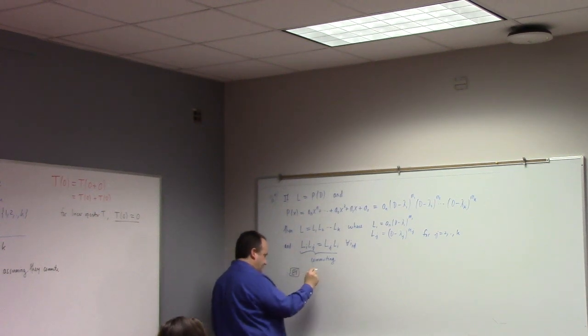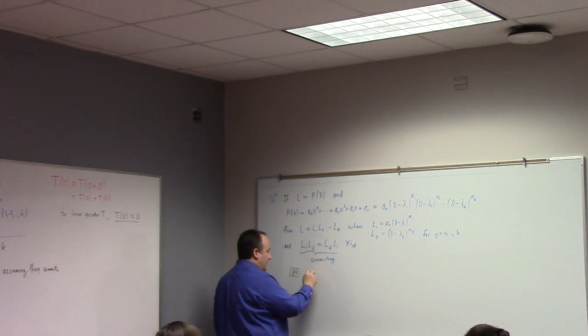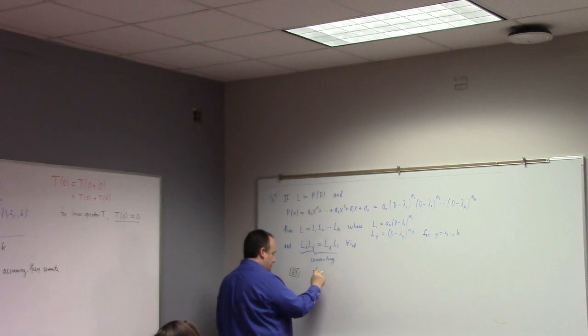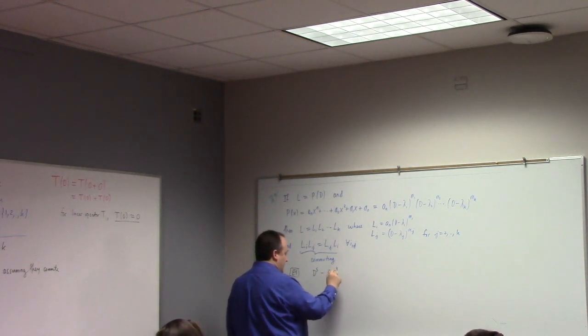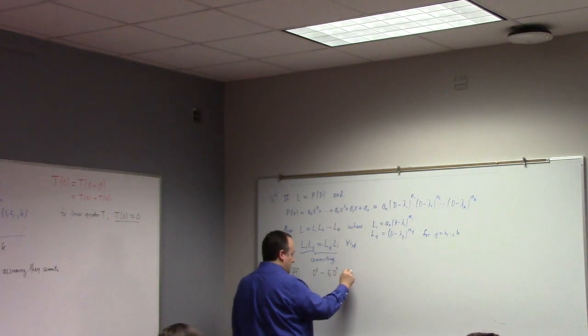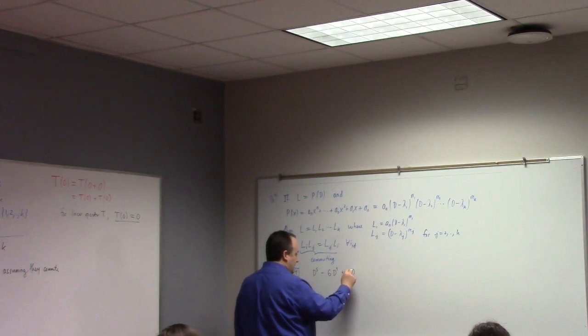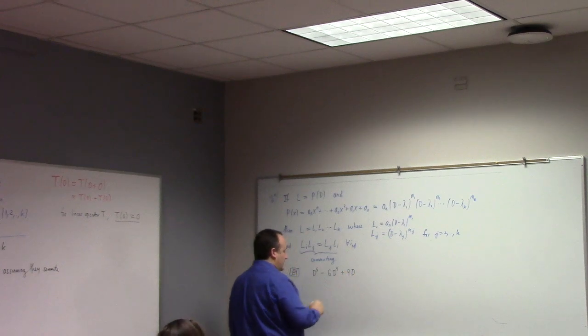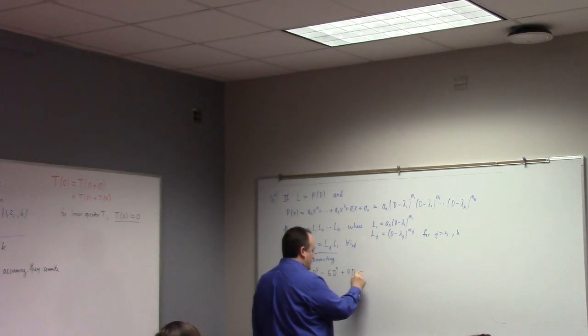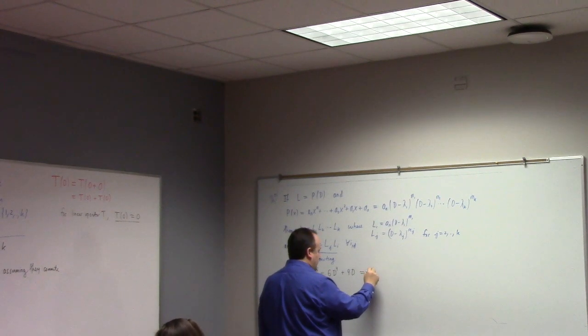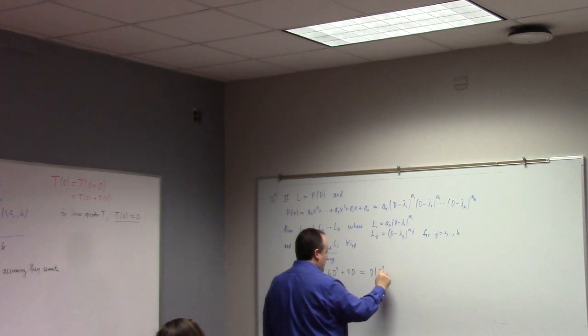For instance, if I have D to the fifth minus 6 D to the fourth plus 9 D, I can rewrite this as D times D to the fourth.